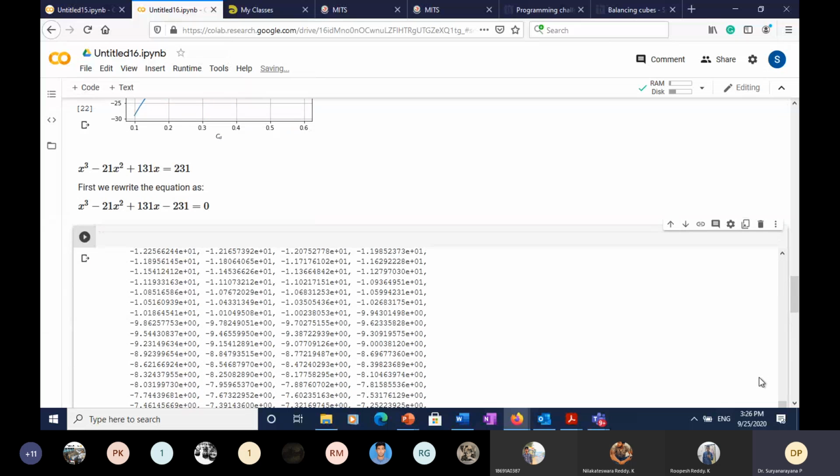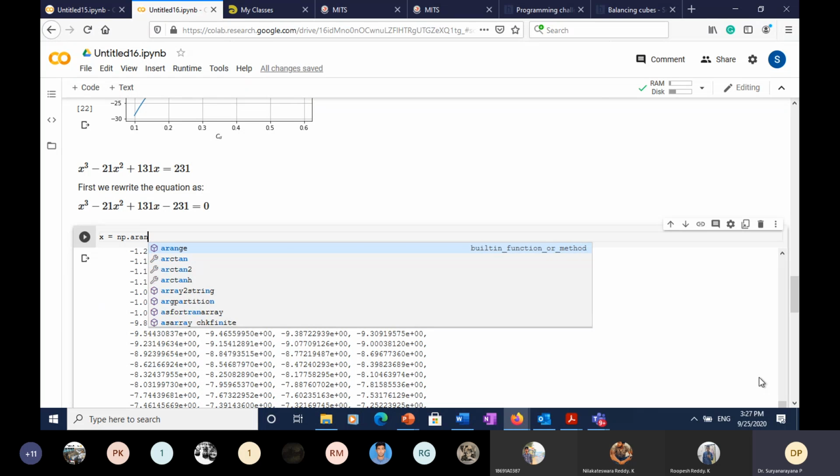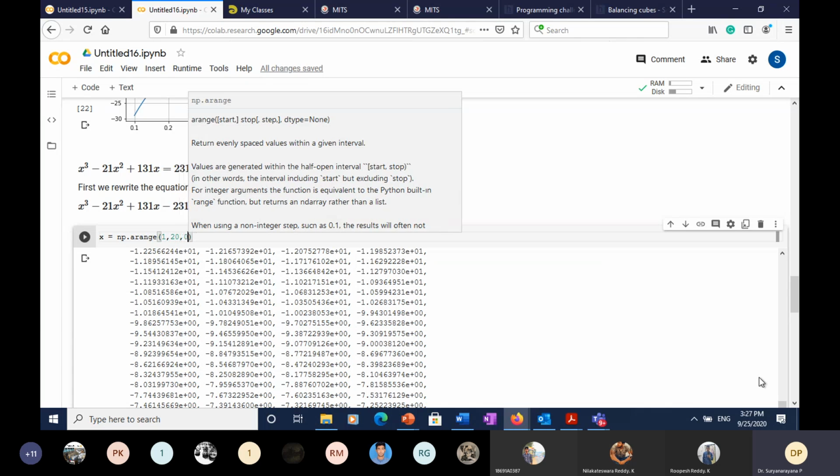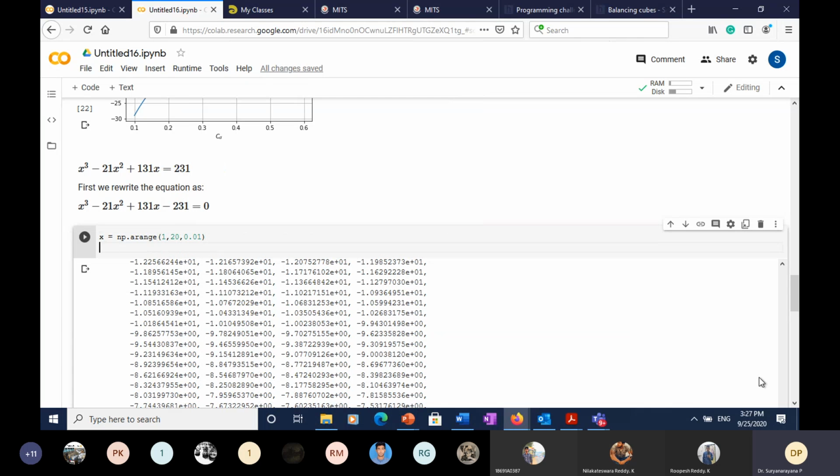What I'll do here is I'll start from x equals np.arange(1, 20, 0.01). So I created an x array.